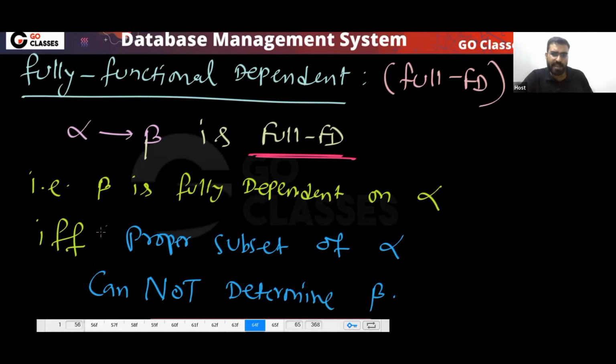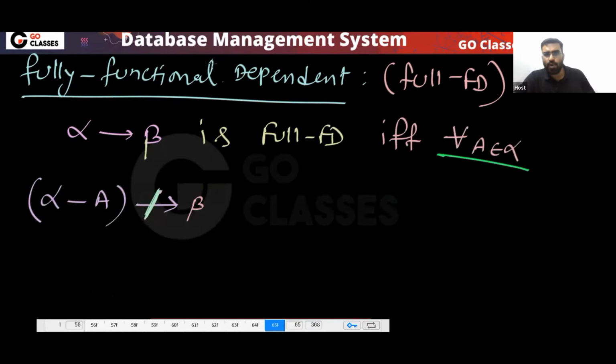So if any proper subset of alpha you take cannot determine beta, we can say that beta is fully dependent on alpha. Whatever proper subset you take, it cannot determine beta.